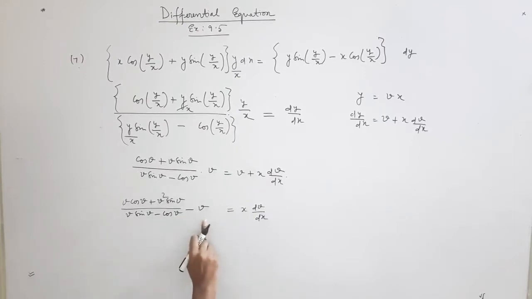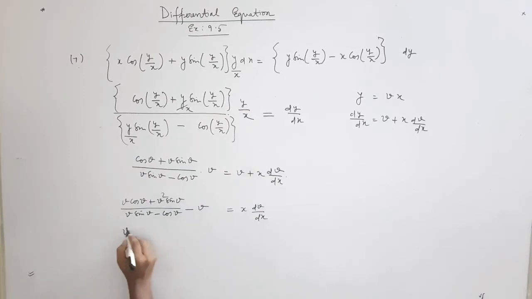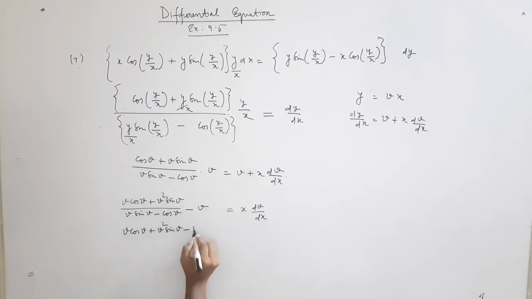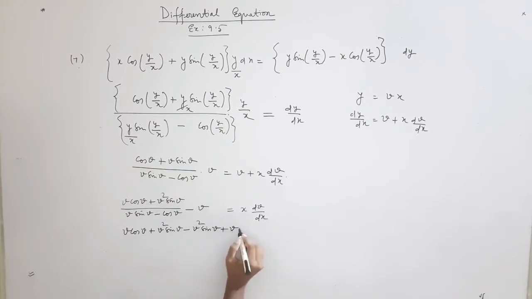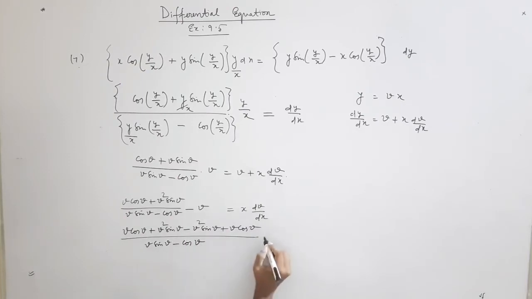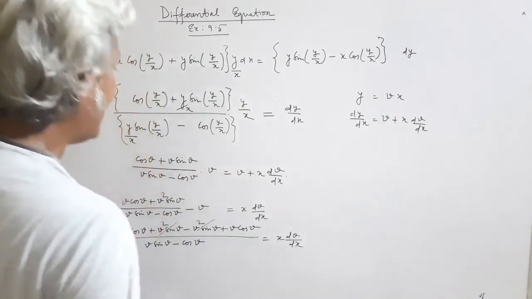So now take the LCM and this will become v cos v plus v square sin v minus v square sin v plus v cos v over v sin v minus cos v, and that is equal to x dv by dx. Now v square cancels and these two terms add up.